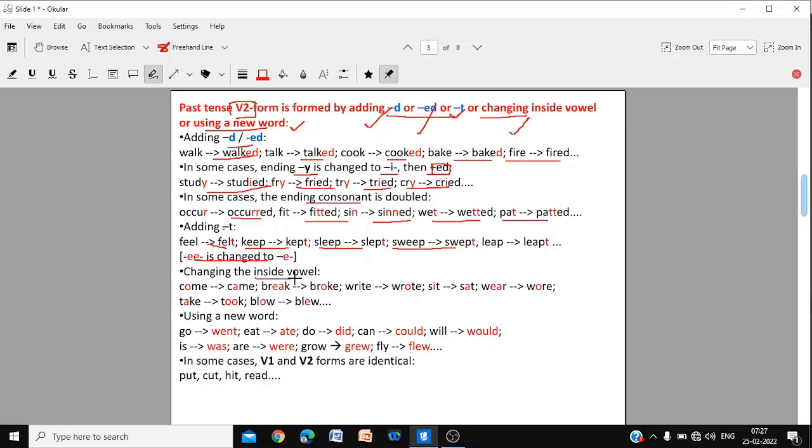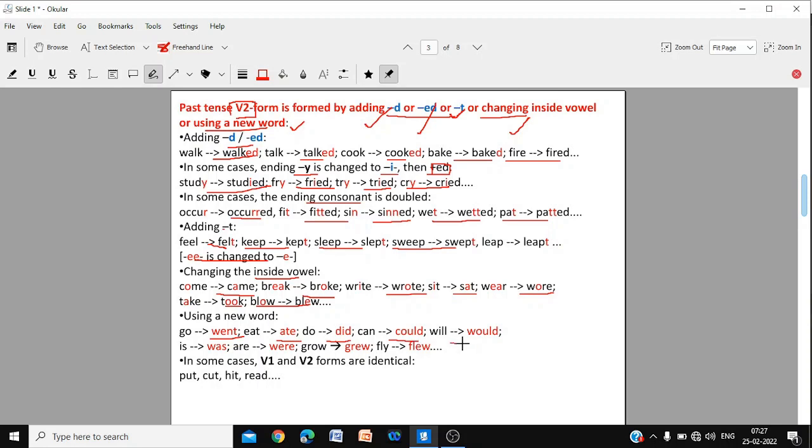Changing the inside vowel. Came, broke, wrote, sat, wore, took, blew. Using a new word. Go, went. Eat, ate. Do, did. Can, could.